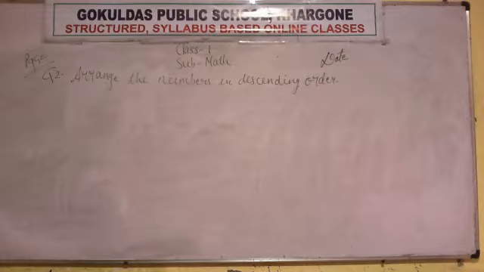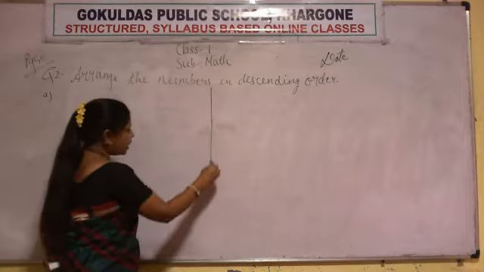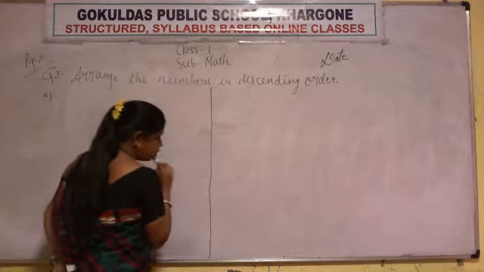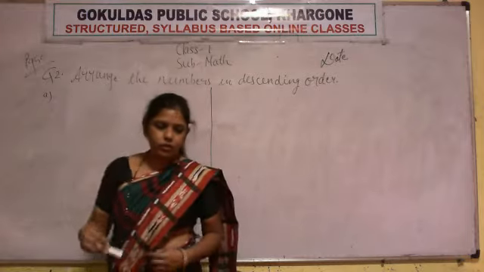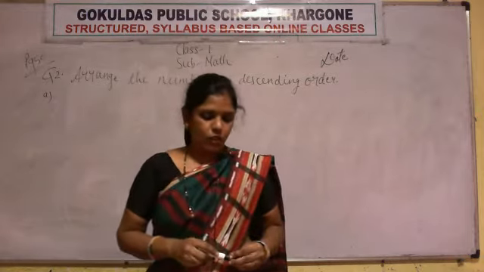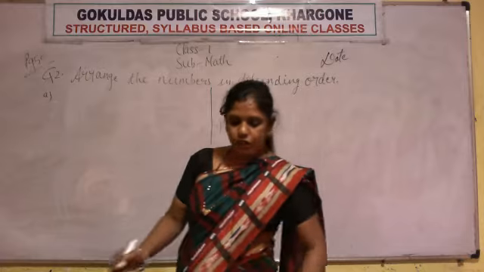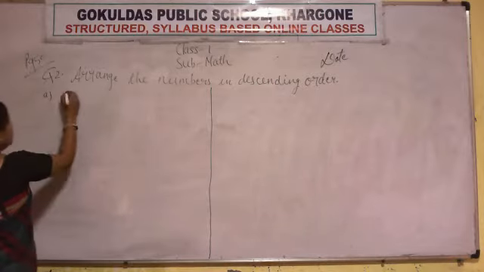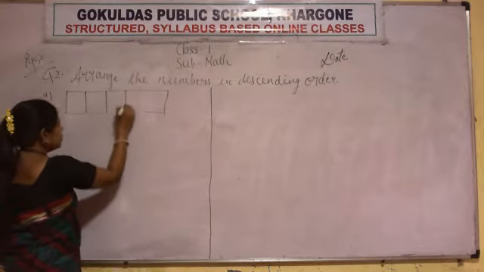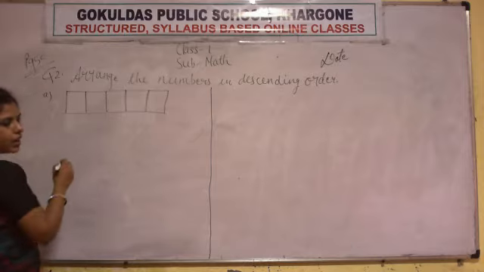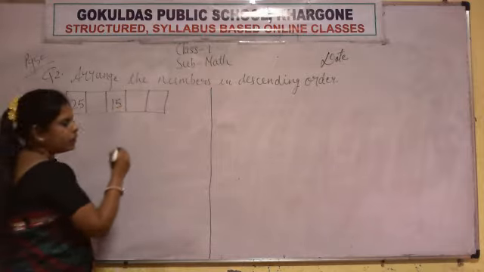Now write the first question, A. I am dividing my board in two parts. No need to draw this line because you have sufficient space in your notebook. You just write one question below the other question. Now the first question, the numbers here are 25, 15, 85.